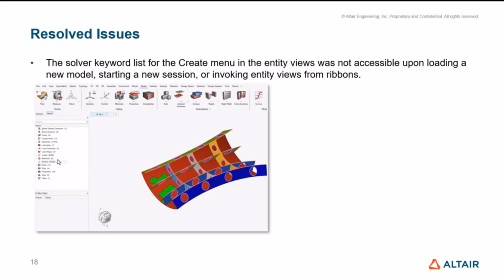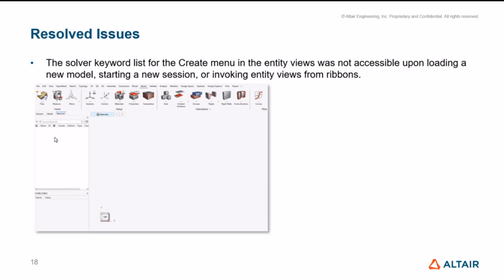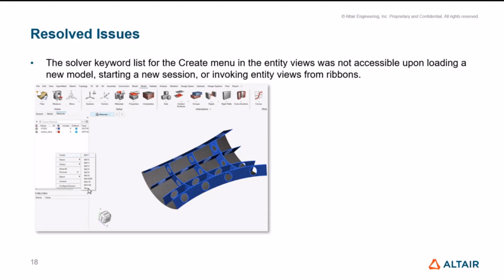Okay. The other issue that we see here was a long-standing one, where the solver keyword list in the create menu, especially in solver entity views, was going off when we do a new session, or when a new model was loaded, or when the entity views were invoked from ribbons.